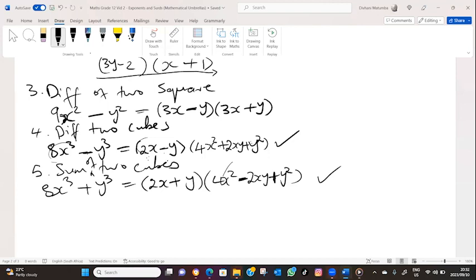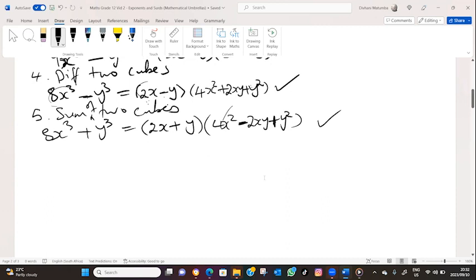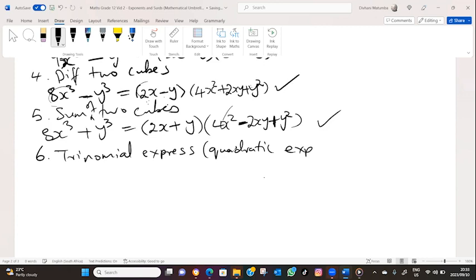That's it. Now we are moving to the last one, the most important factorization that we're going to be dealing with. It is the trinomial expression, but we're going to deal with quadratic expressions.